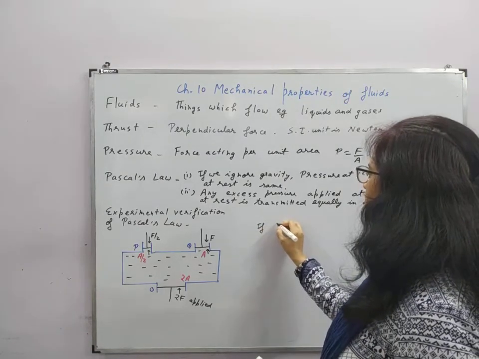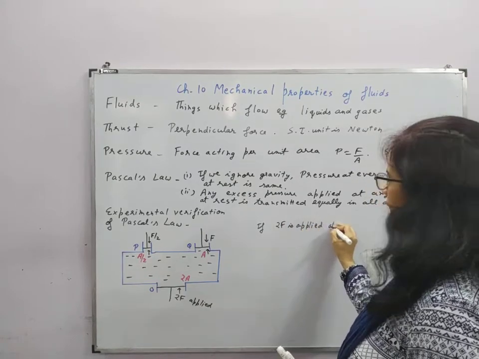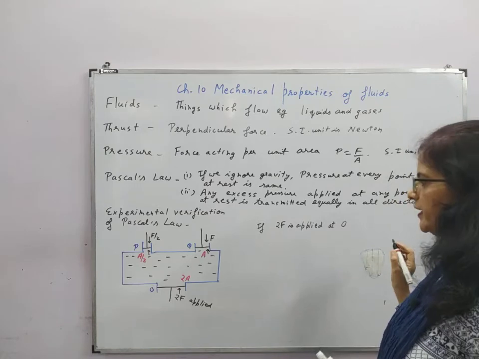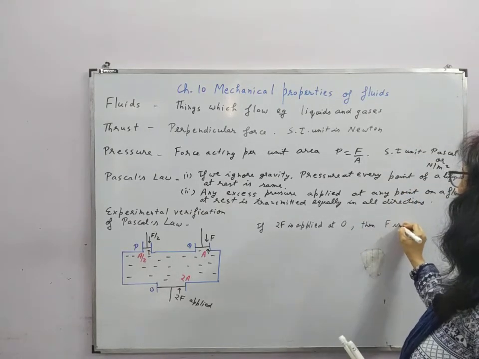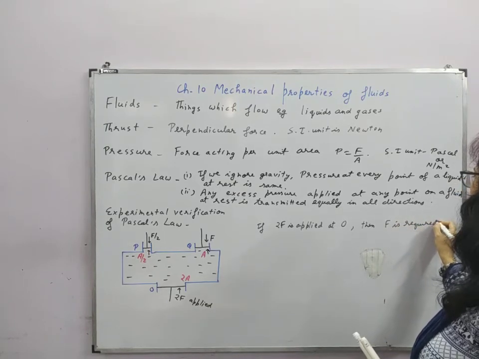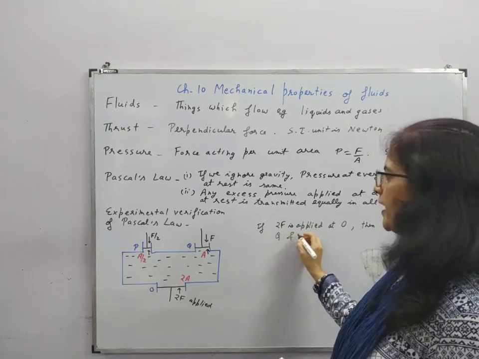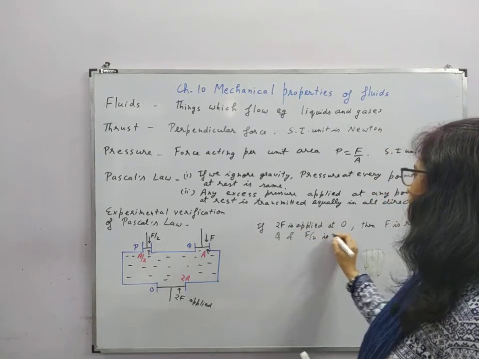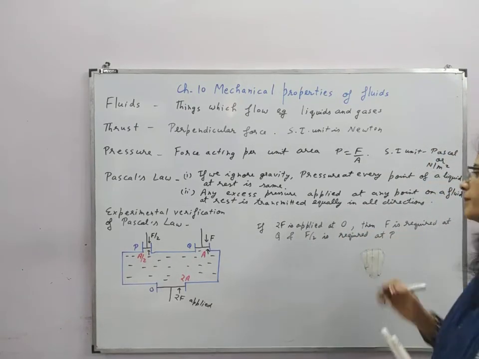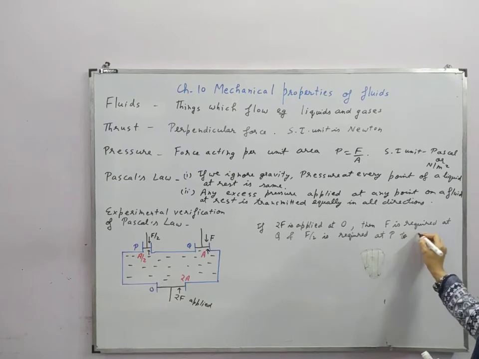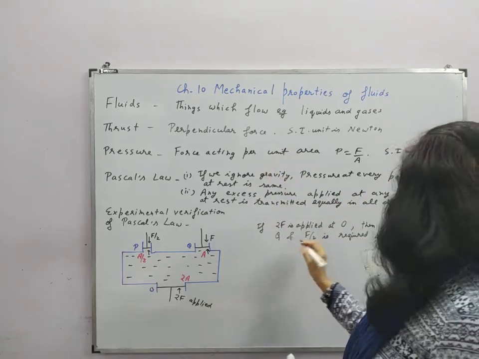If 2F is applied at O, right, then F is required at Q, and F by 2 is required at P to stop the piston from moving out.